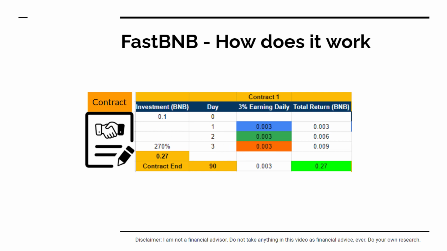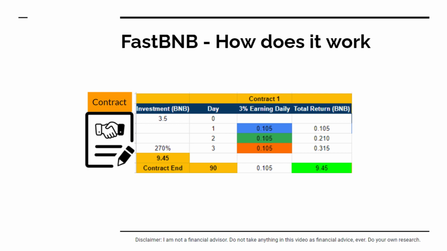So let me go through a scenario which is a little easier for reinvesting. Let's say you start with 3.5 BNB, and let's assume the price of BNB was about 370. On day 0, you put that in, and on day 1, you will be at 0.105, the 3% of it.